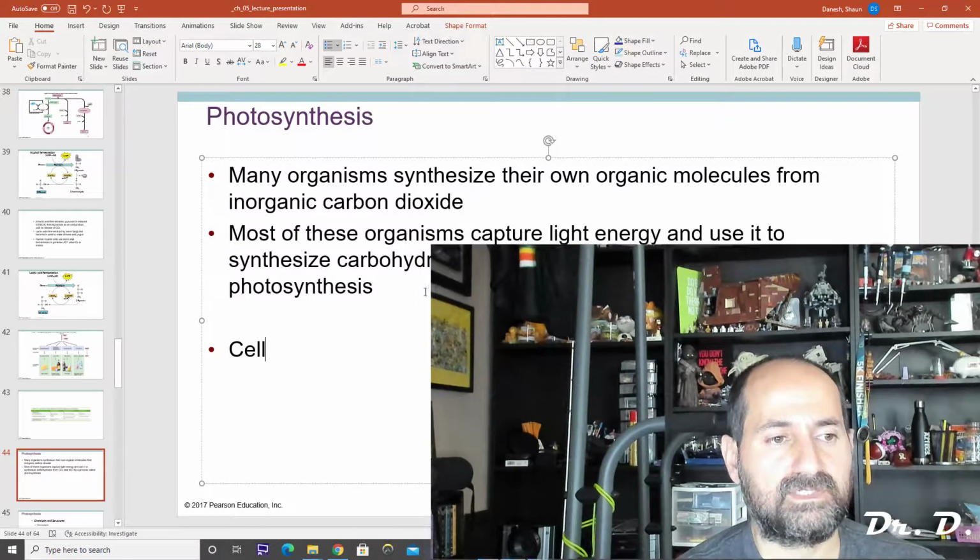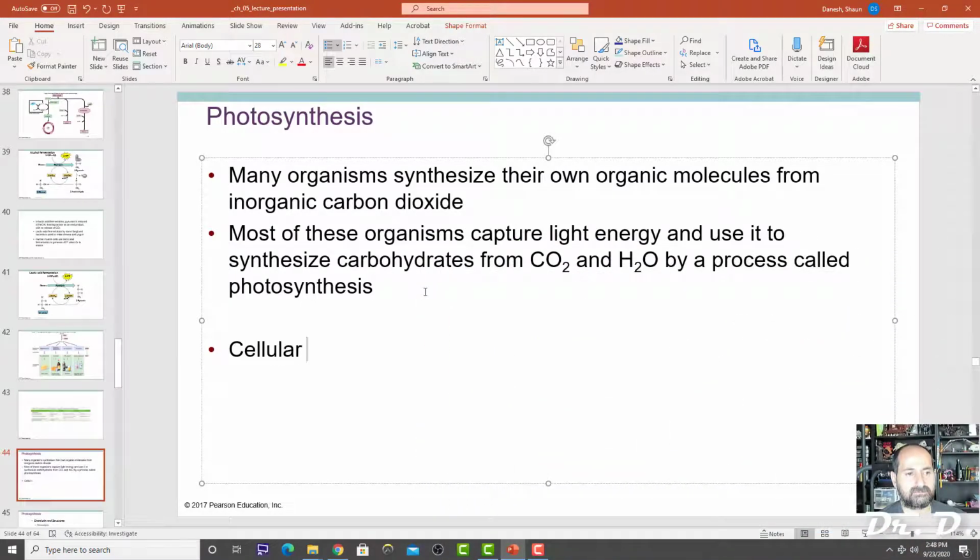For cellular respiration, remember the equation was C6H12O6. That's glucose, one glucose molecule, and 6O2, 6 oxygen molecules.